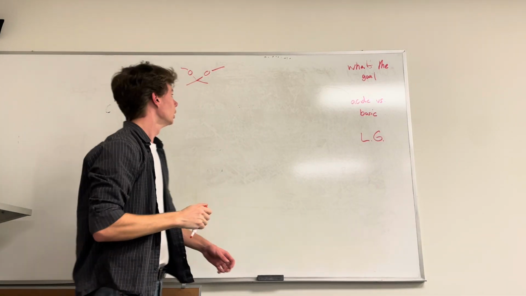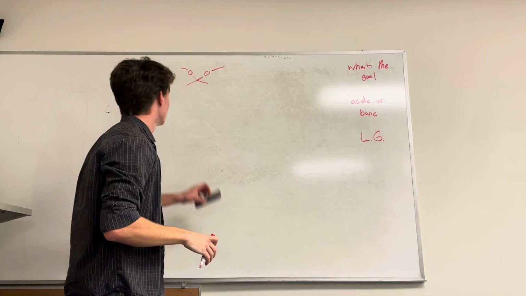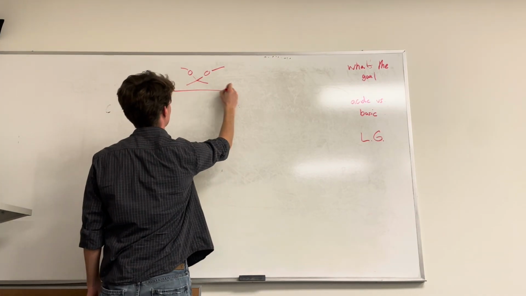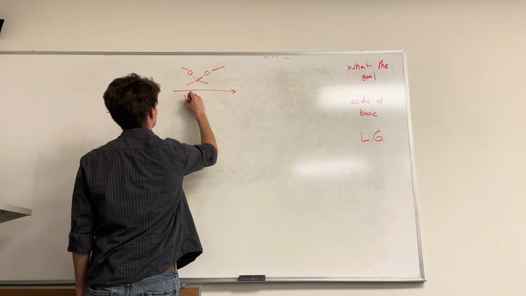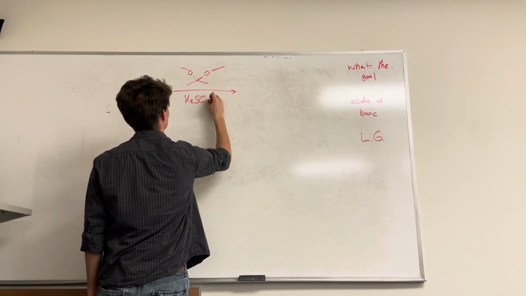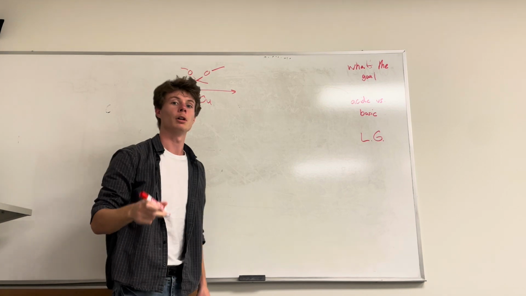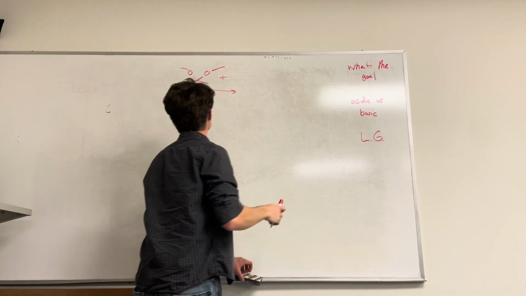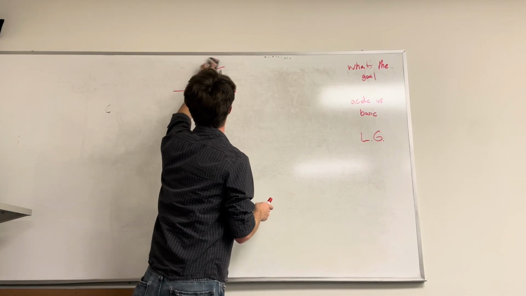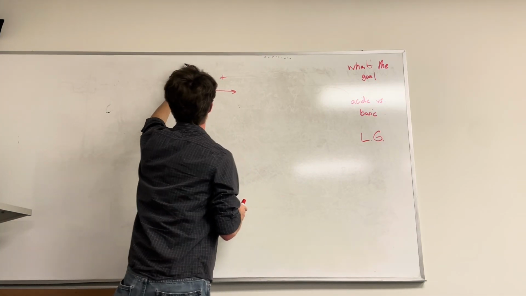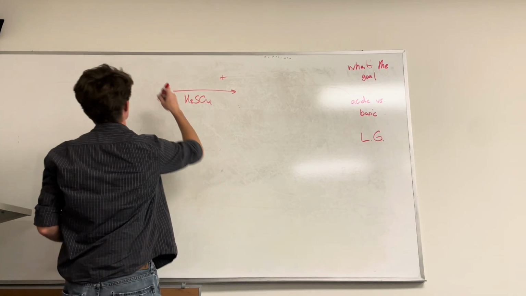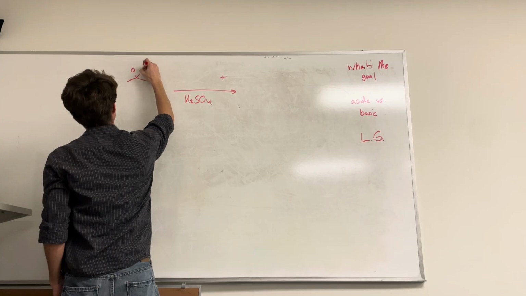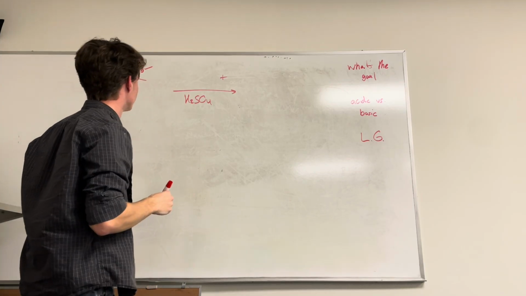In order to make an acetal, I need highly acidic conditions, and I need alcohol, not just alcohol, excess alcohol. My final product, the acetal, should have two ethers on it.